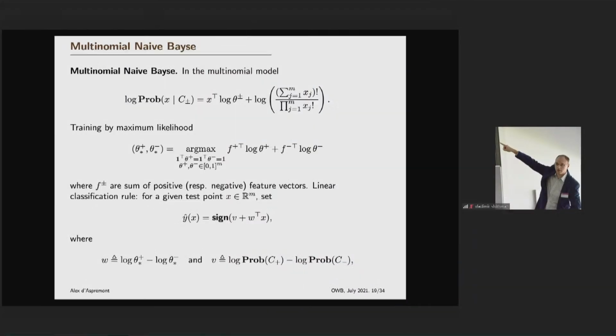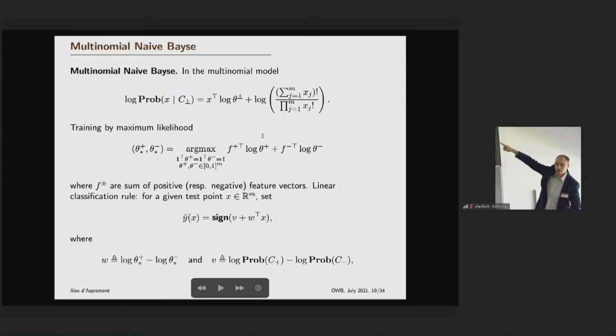So just to focus on one way to do feature selection, there are many of them, linear models, etc. But we focused on one which is very, very simple, which is just a variation on naive Bayes. So the naive Bayes calibration problem, or maximum likelihood problem, is very easy to write. It looks like this.